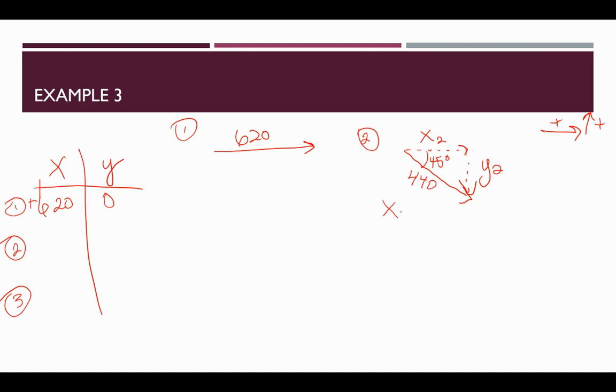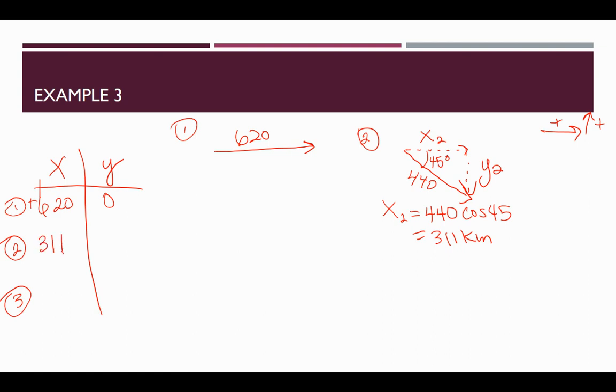So in order to find x2, I take 440 times the cosine of 45, and that gives me 311 kilometers. So my x2 is 311.